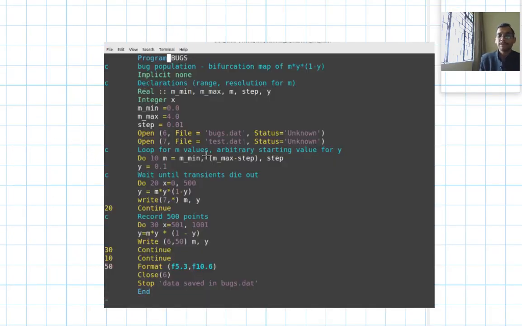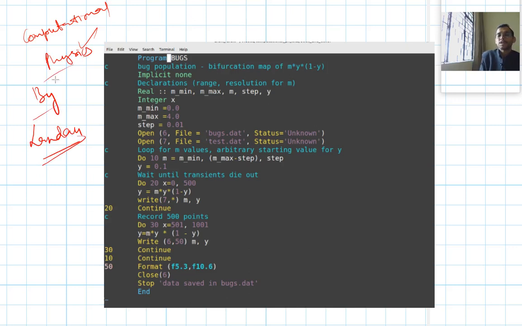For this I have written a very small code, and this I have taken from the book on computational physics by Landau. I am strictly following this for these lectures, right?